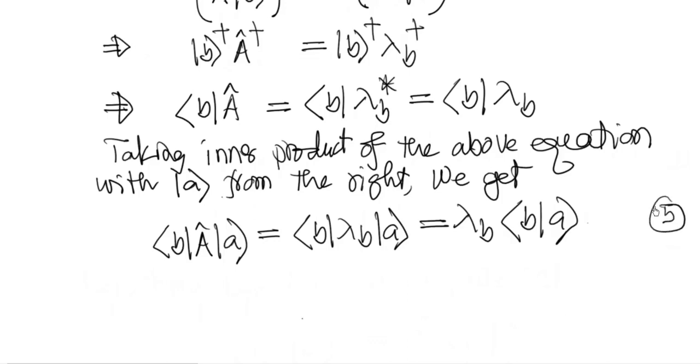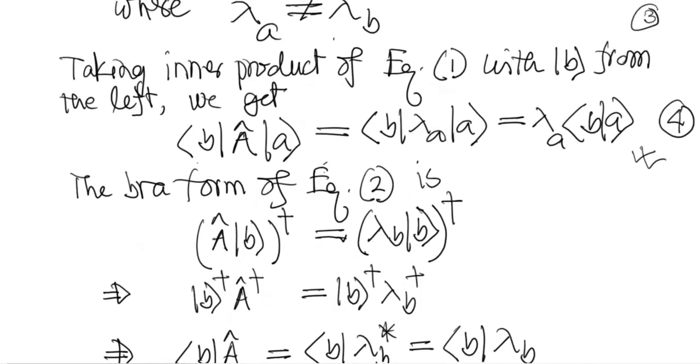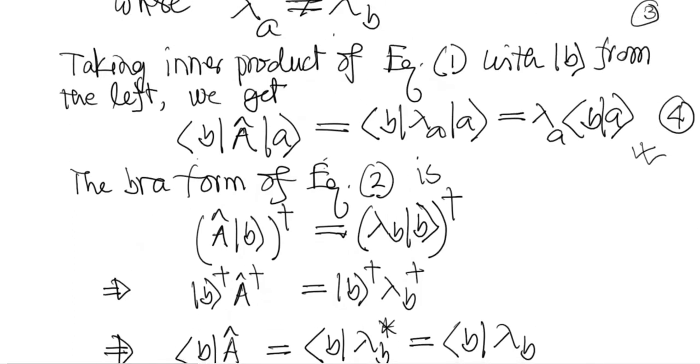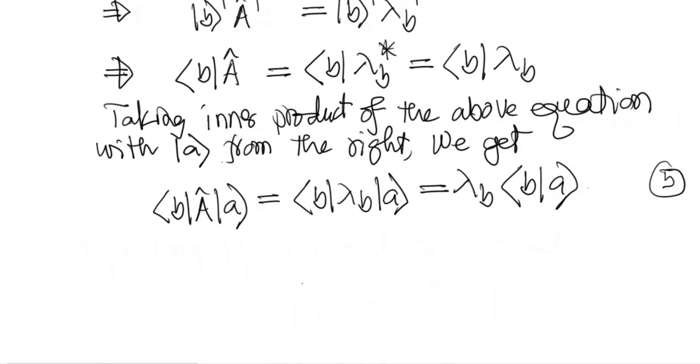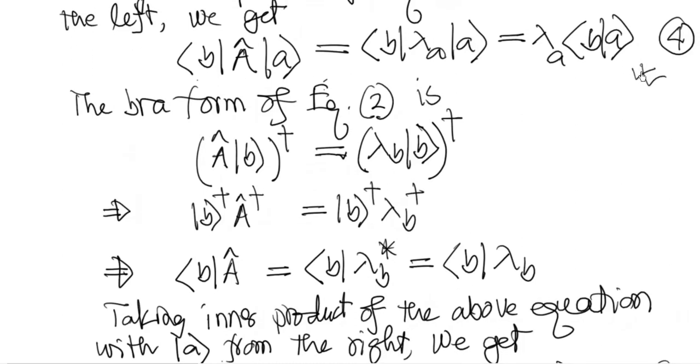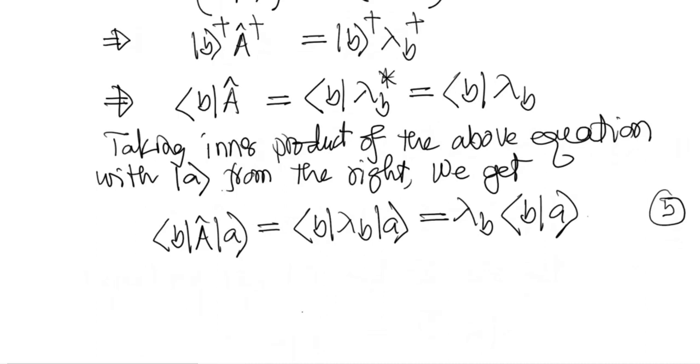Now you see the left hand sides of equation 4 and 5 are the same. The left side of equation 4 is bra B A ket A, and the left hand side of equation 5 is also bra B operator A ket A. So the right hand sides of these two equations must be the same, so let me say equating.